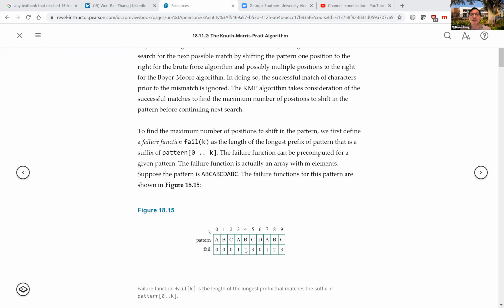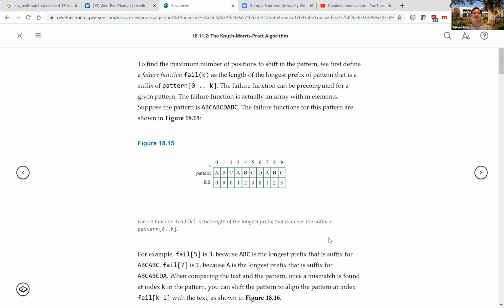The next one, B, is 2. Why is this 2? AB here matches AB at the prefix, the longest one. And this ABC is 3, because here's ABC, and this is ABC, the prefix matches the suffix. And here, fail(9) is 3. But fail(6) is 0, because there's no D at the beginning.